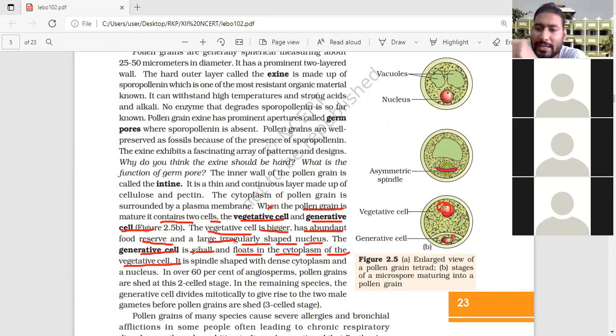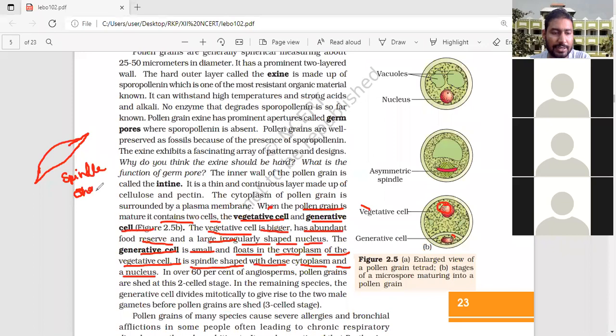I told you the cytoplasm is not divided; the cytoplasm is the same, but there are two different types of cells. The generative cell is spindle shaped, with dense cytoplasm and a nucleus.